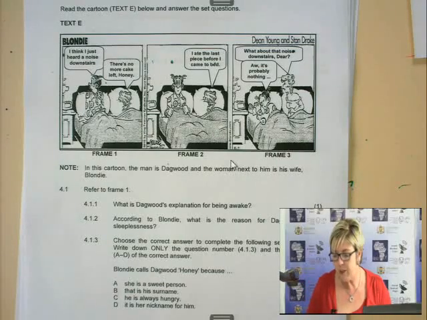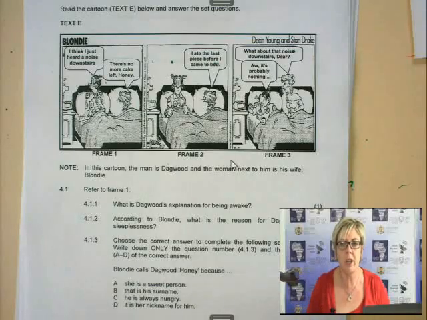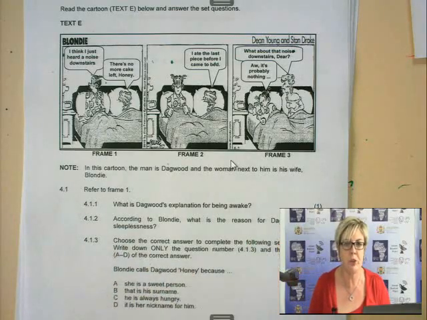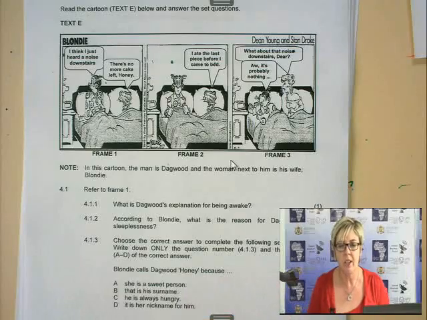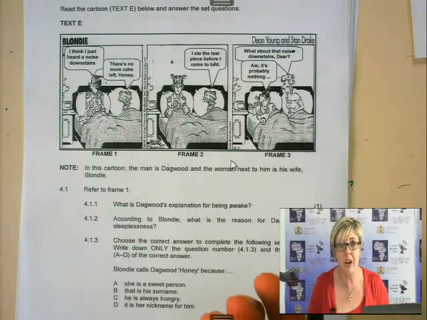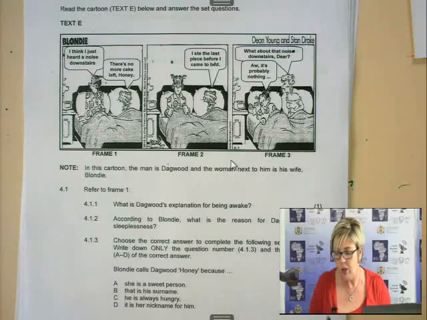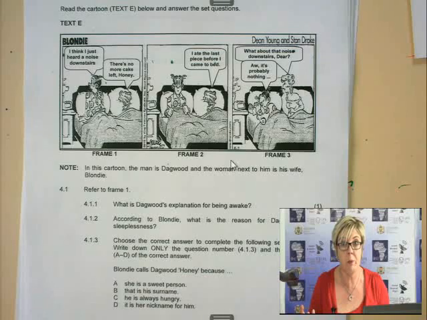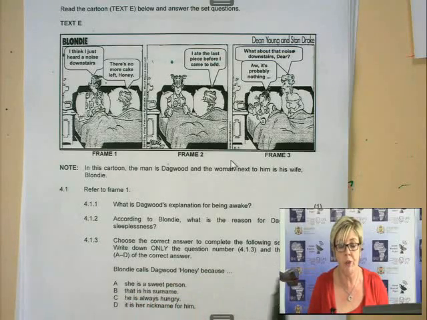And that makes it difficult because there's always a question where you have to look at the facial expression and the body language. And then it's difficult to answer if you can't clearly see: is the person frowning? Are they lifting their eyebrows? Are their eyes wide open? Or is it wide open in all the frames?